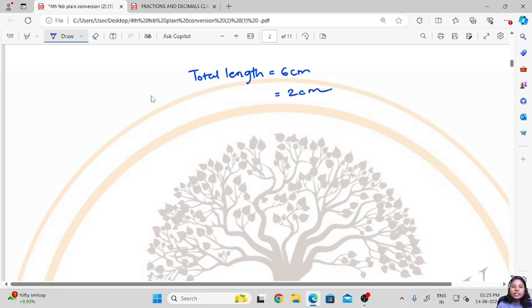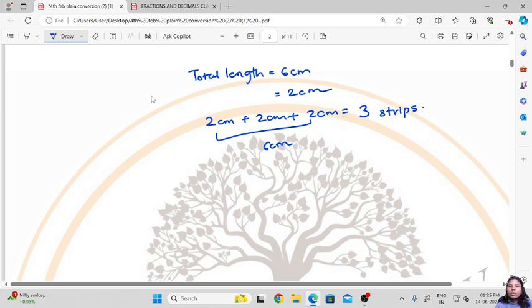So he'll basically get 2 cm plus 2 cm plus 2 cm, that will give him 3 strips, and the total will become 6 cm. So he'll get 3 strips, each of 2 cm, and the total length of all these 3 strips would be 6 cm. This is basic division. You simply do 6 divided by 2, that will give you 3.